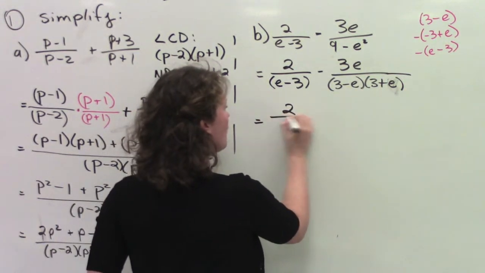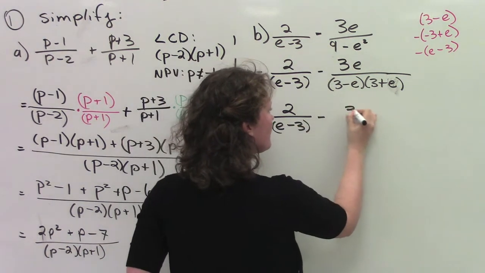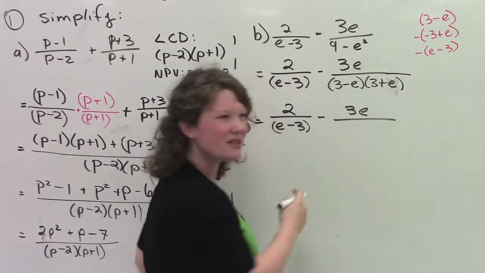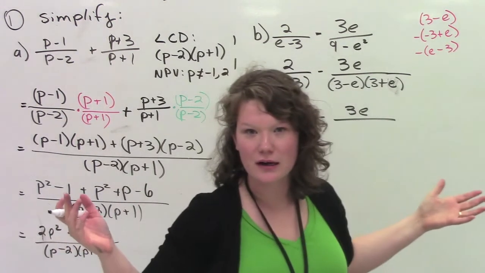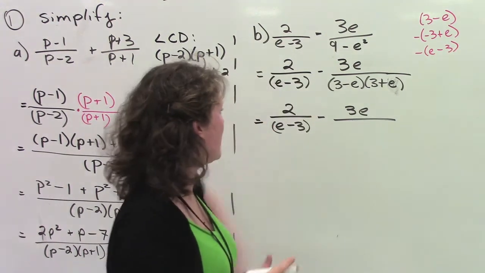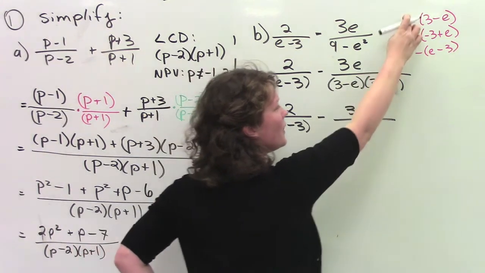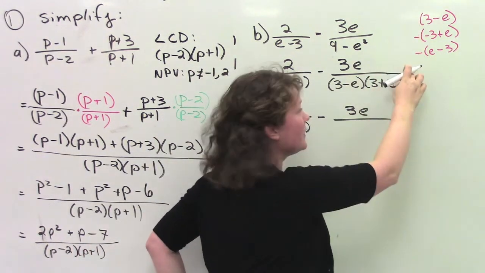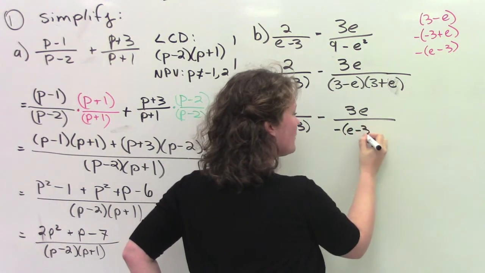Equals 2 over e minus 3 minus 3e. Please notice that I'm rewriting the numerators and denominators. I know it's a lot of work to write all this stuff down, but this is the proper format. So instead of 3 minus e, I just did some side work here, okay? So I can write e minus 3.